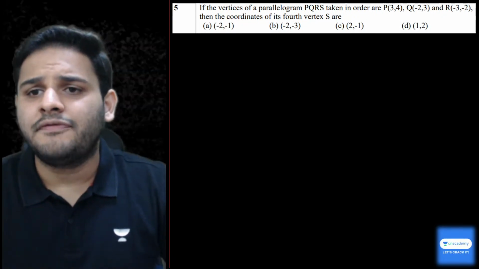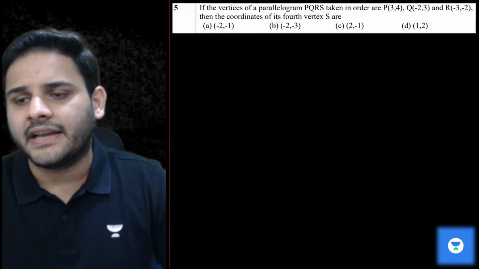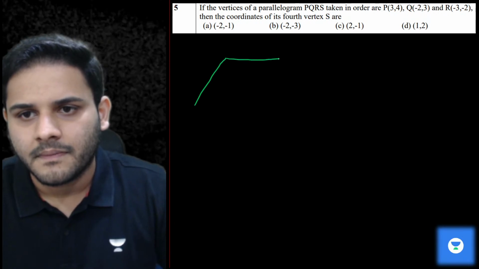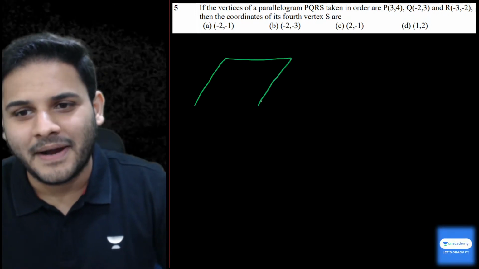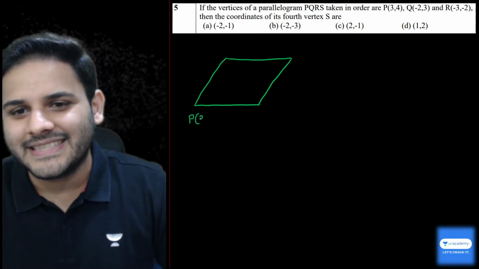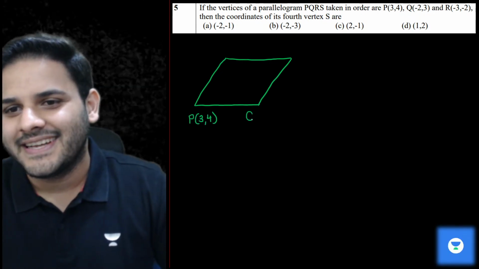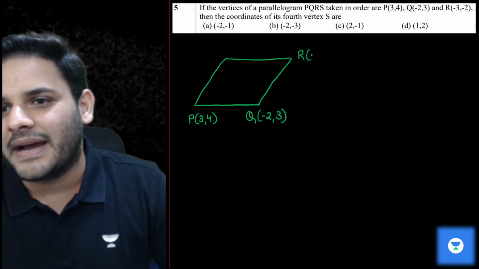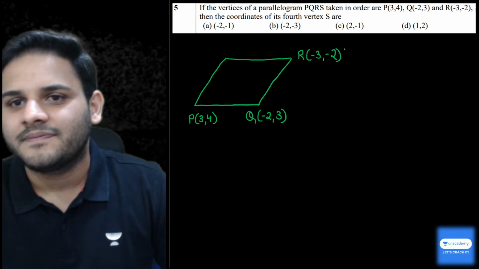If the vertices of a parallelogram PQRS are taken in order. Ignore the drawing part, people. I don't have the scale here. So P is suppose 3, 4. Q is minus 2, 3. R is minus 3, minus 2.